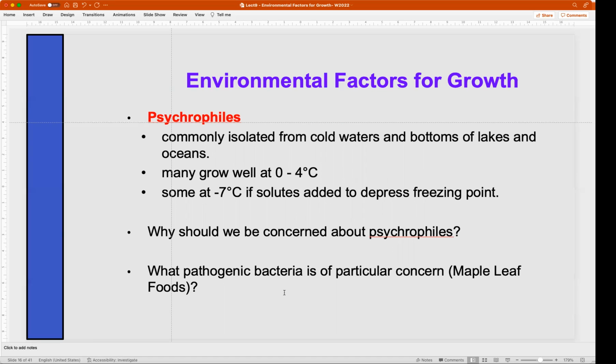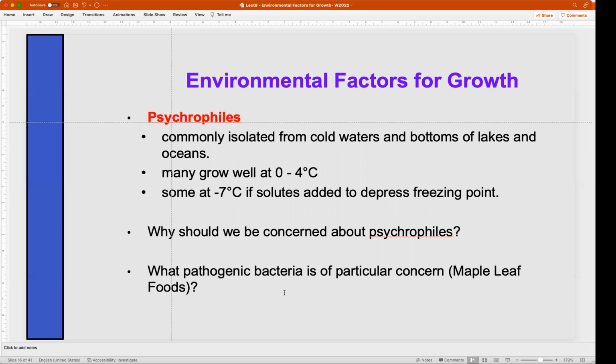Maybe the refrigeration will not affect them. So if you try to stop them, they will still be growing. And this is the problem with Maple Leaf Foods, is they had organisms that didn't stop at 4 degrees Celsius. They still grew. Food safety.